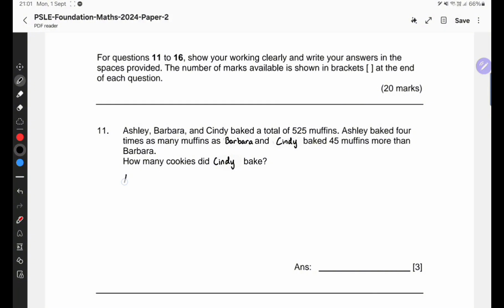Okay, so we draw our model first. Ashley baked 4 times more muffins than Barbara. So Ashley will have 4 units. So we're just going to draw a model and cut it into 4 equal parts.